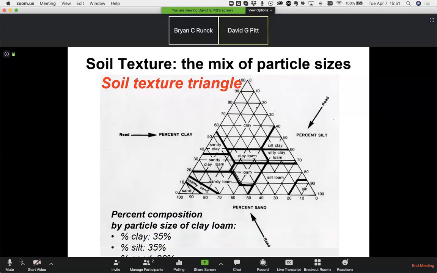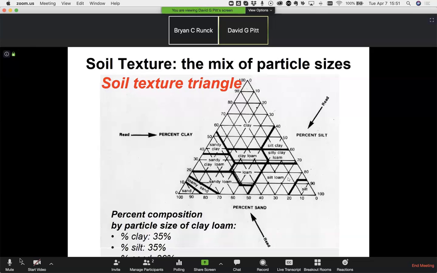There is a term that's often used in describing soil texture called loam. Loam inherently means that the soil contains all 3 of these different particle sizes. And depending upon the relative composition of each of these particle sizes, we can have sandy loam, as we see in the lower left-hand corner, which has a higher percentage of sand than it does of either clay or silt.